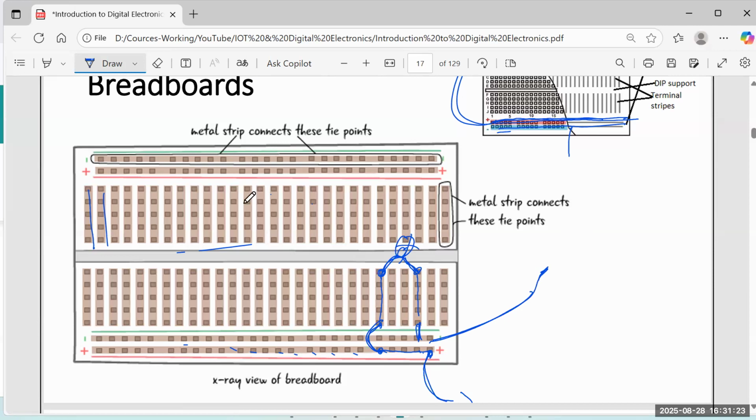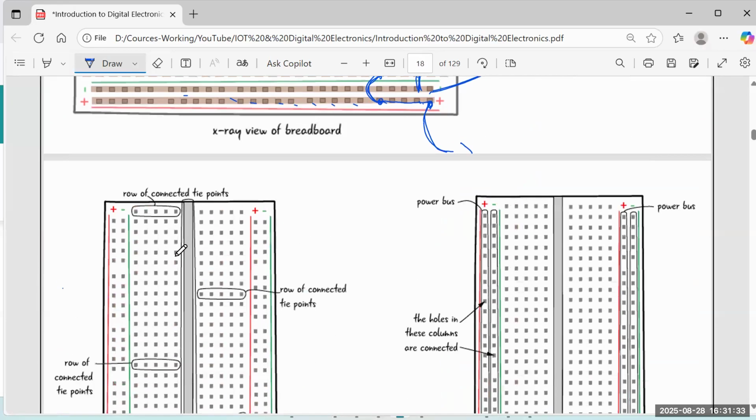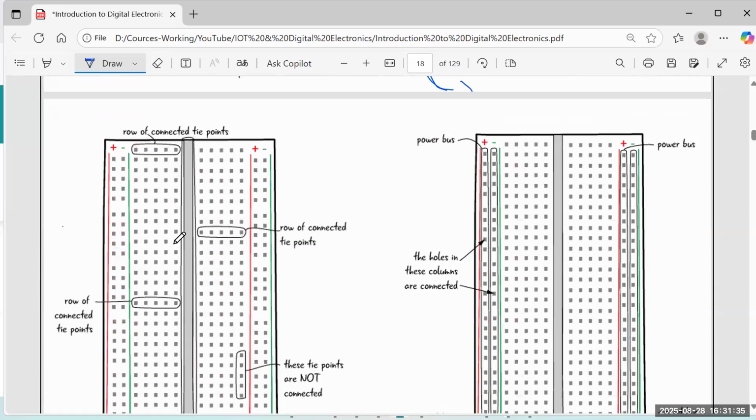Okay. So remember, these rows are connected like this internally, but these are not interconnected. Each and every one of these is connected like this. But remember, this is not connected to this. Just these are connected.